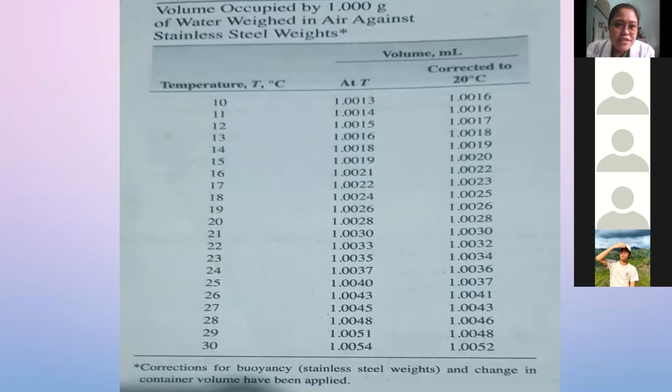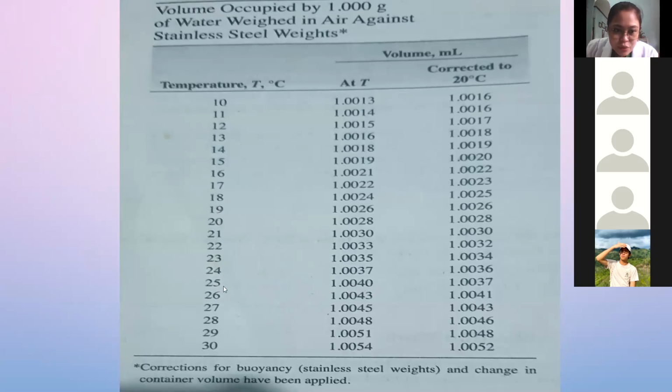So, okay. So, this is the table. Volume occupied by 1 gram of water weighed in air against stainless steel weights. So, for example, class, kung giweigh na siya at 25 degrees Celsius ang water, mao ni siya supposedly ang iyahang volume.